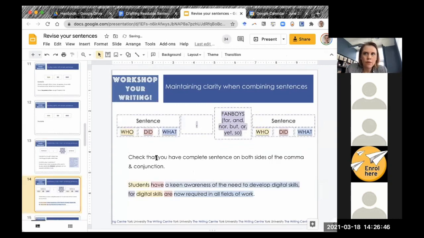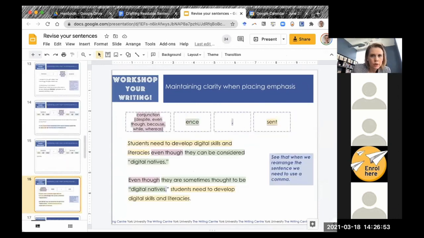All right, so I'm going to move on just because we're running out of time, and go to the way that you can write a single sentence but rearrange it using a comma so that you're placing emphasis on the most important part of the sentence. This is a very common sentence strategy in thesis statement writing. It's called subordination if you wanted to Google it. I'll just write it in the chat.